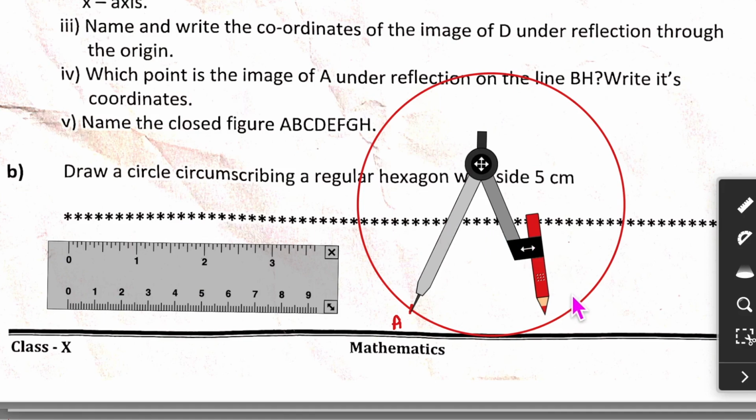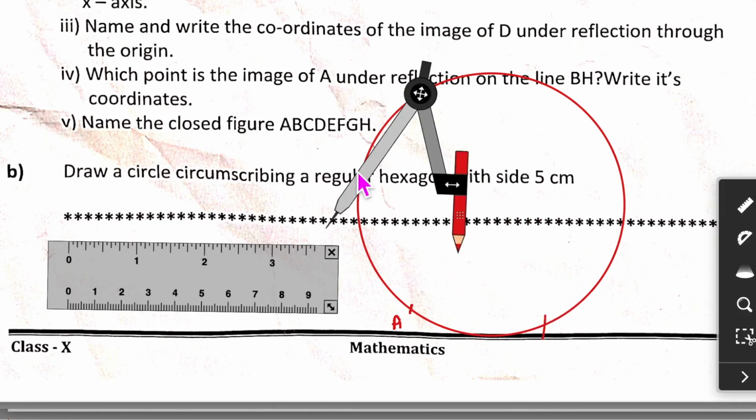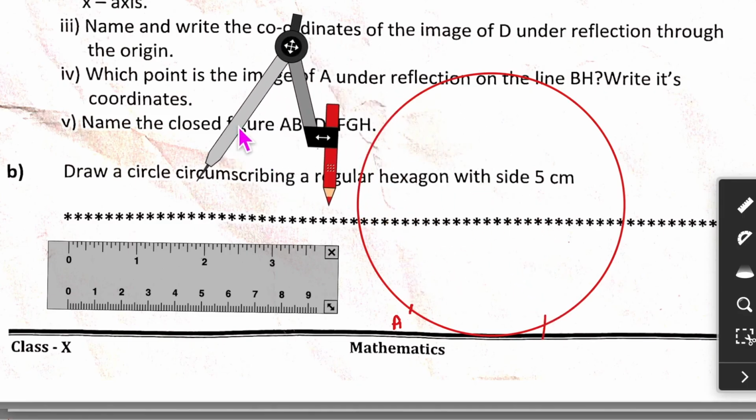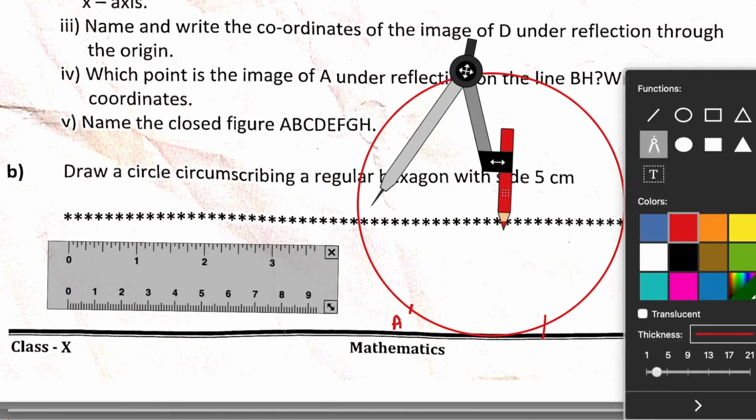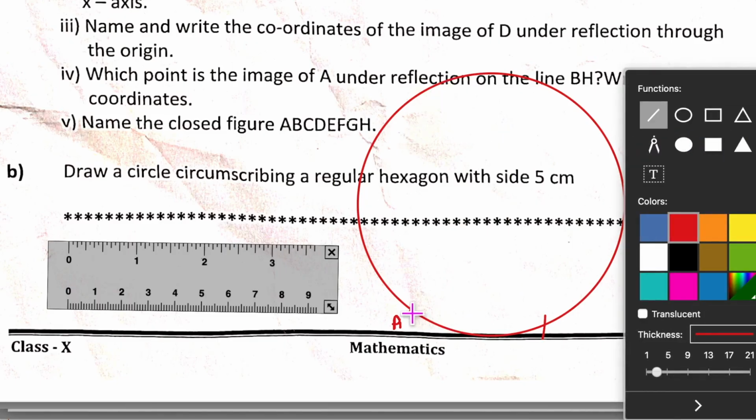You're with me? Now, rather than doing the 6 sides directly, because your teachers will want to see the hexagon with 120 degrees, correct or no? So we will show from here to here. We will show this.